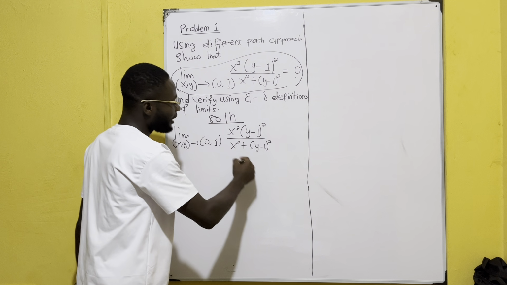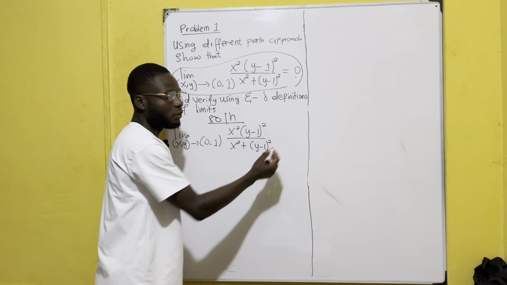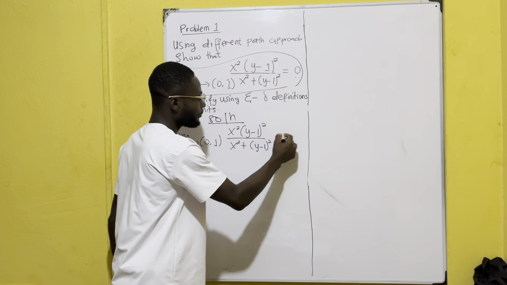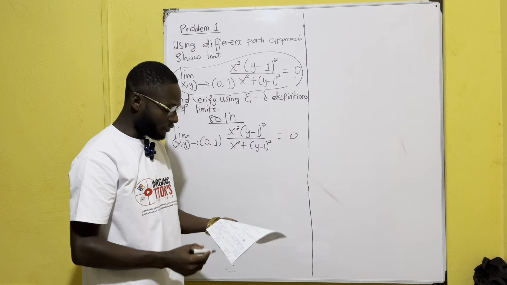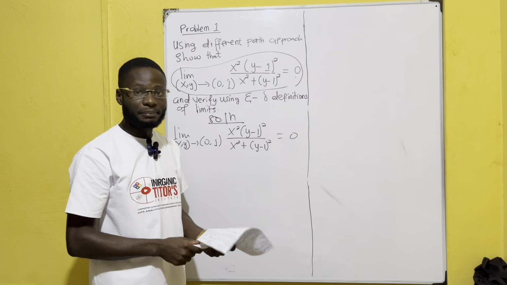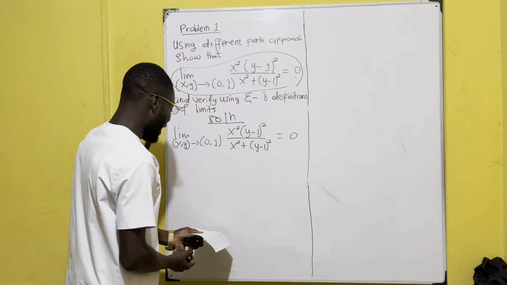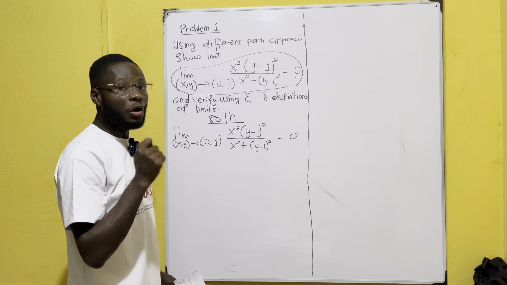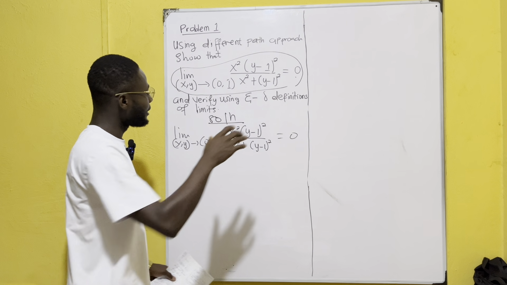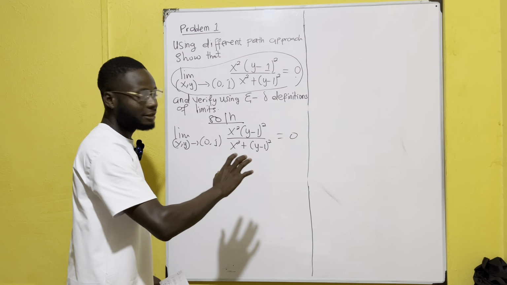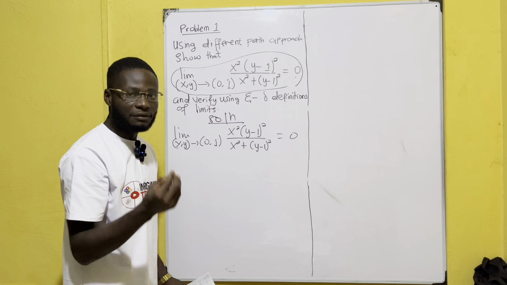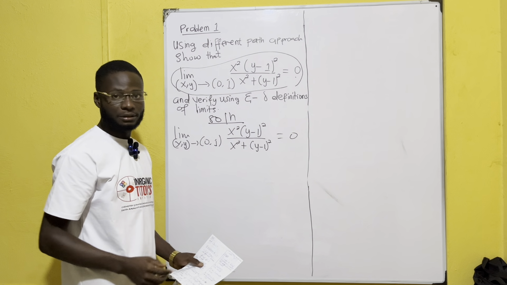We want to prove that this particular limit is equal to 0, right? And first of all, we are using the different parts approach. Okay, so I said let's change the origin or the system of the limit to a very simple one for us to be able to deal with it, right?